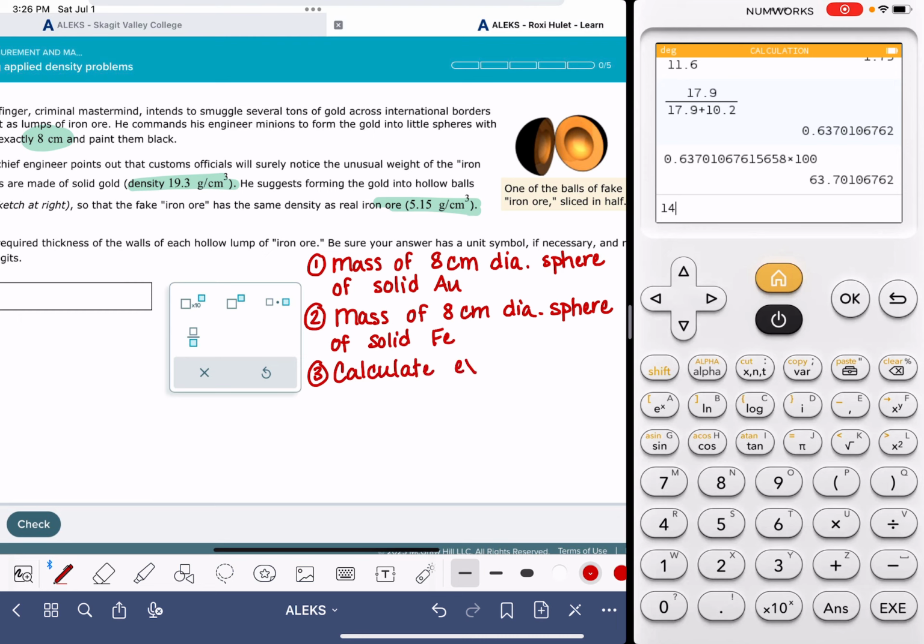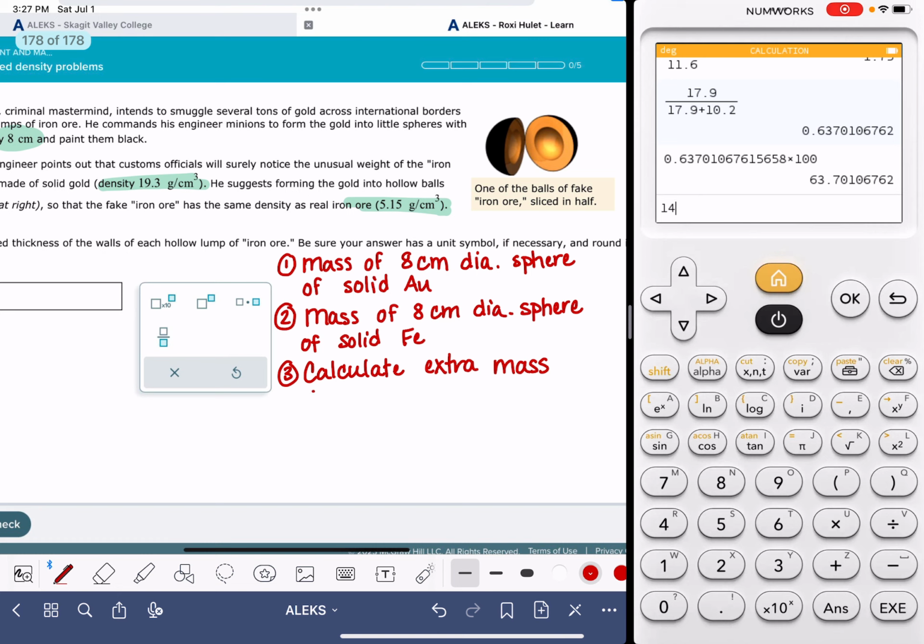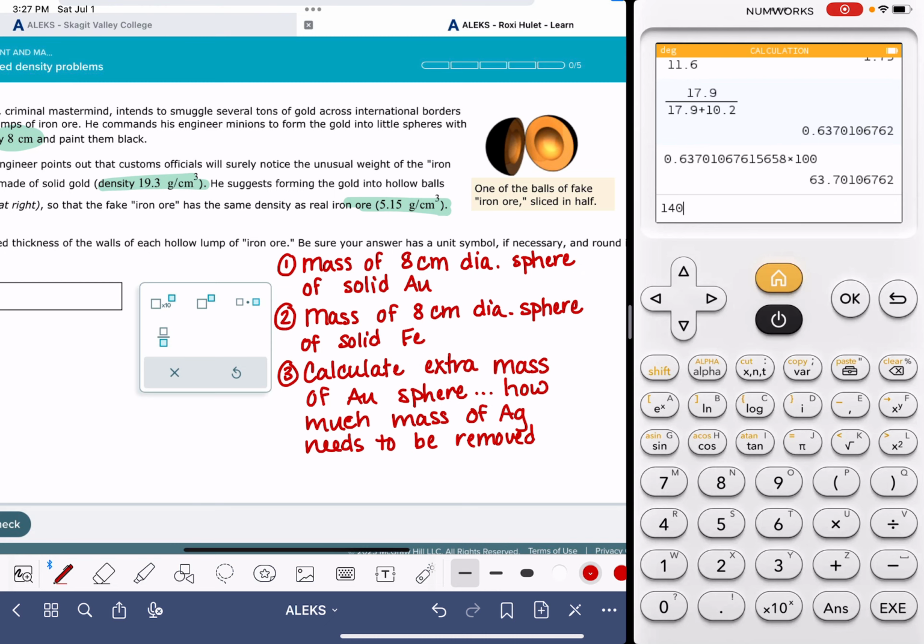So I'm going to calculate the extra mass of the gold sphere, and that's going to give me some information about how much mass of the gold needs to be removed to make it weigh the same as a sphere made out of iron. And let's just start with that, because that's quite a bit. That's not going to get us all the way to the end, but let's just start with that.